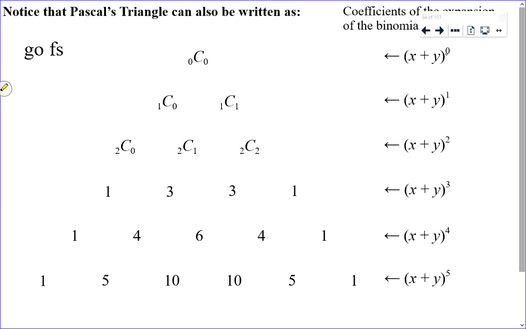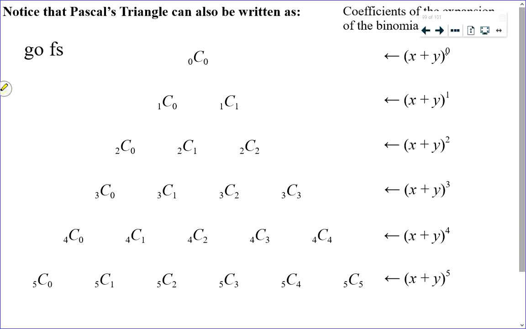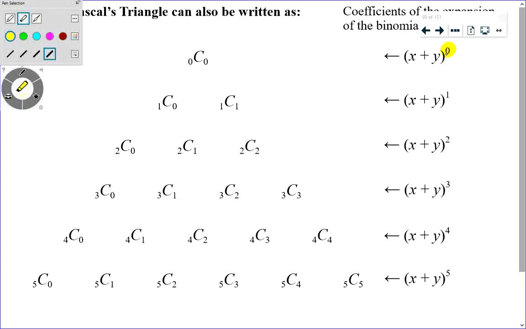And this pattern continues. This 1, 3, 3, 1 is 3 choose nothing, 3 choose 1, 3 choose 2, 3 choose 3. The 1, 4, 6, 4, 1 is 4 choose nothing, 4 choose 1, 4 choose 2, and this is the diagram that I'm giving you in your notes. 4 choose 3, 4 choose 4, and it continues. The beautiful thing here, everybody, is the following. n is the number you're choosing from in each row.